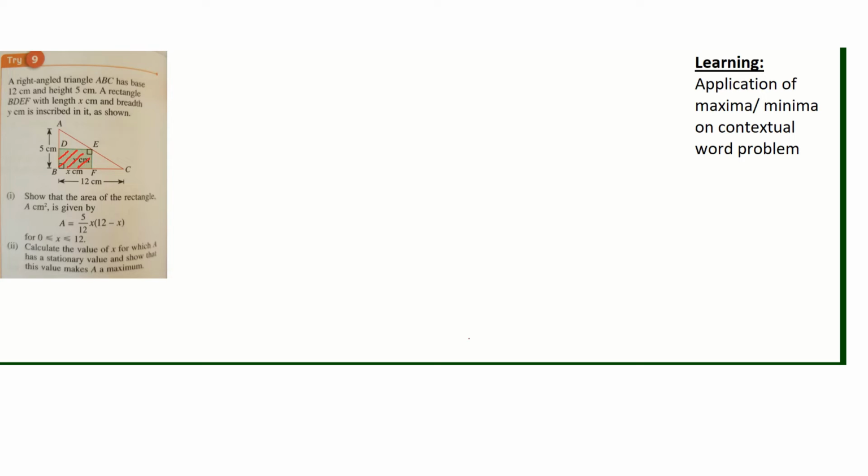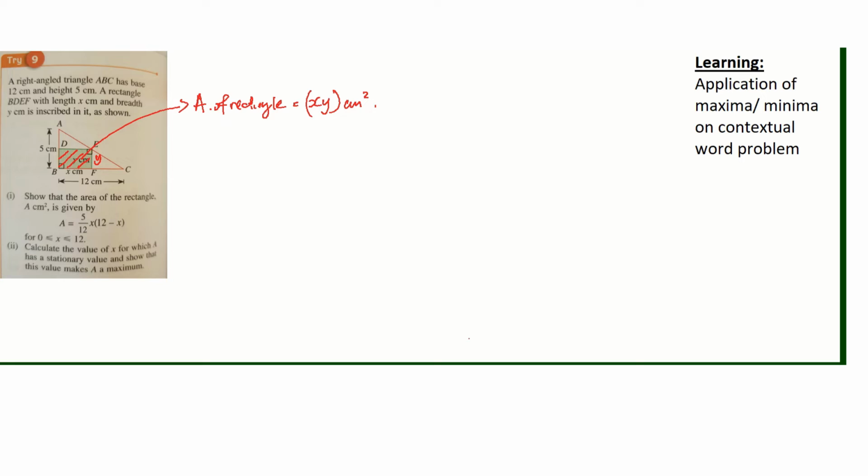But of course, if I were to ask you point blank at this juncture, given that the length is x and the breadth is y, what can you say about the area of the rectangle? Okay, I'm sure many of us will agree that the area of the rectangle is simply xy cm squared. Yes, you're not wrong to say that.